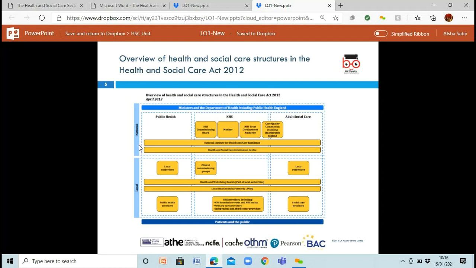And then you have a national level over here. And then you have local authorities over here, and it shows the different responsibilities that each one has. And right at the bottom is the overall care for the patients and the public. So this chart is telling you what the responsibilities are within these particular sectors, and the overall outcome is for the patients and the public.